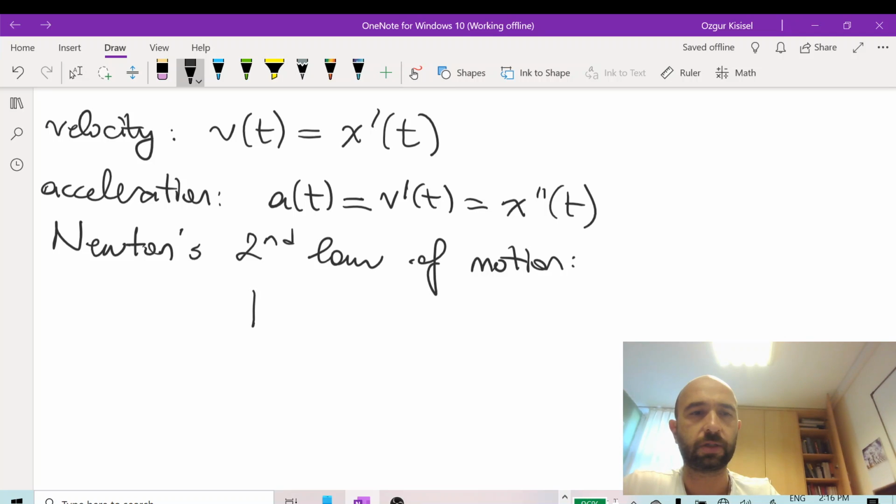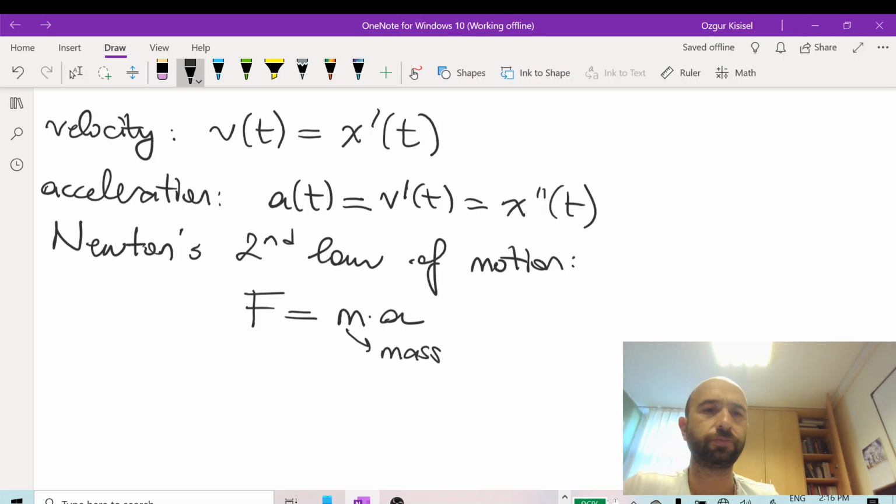That's something you might have seen before as F equals m times a. So force is directly proportional to the acceleration that it gains, and the proportionality constant is mass. This is some attribute of the object.